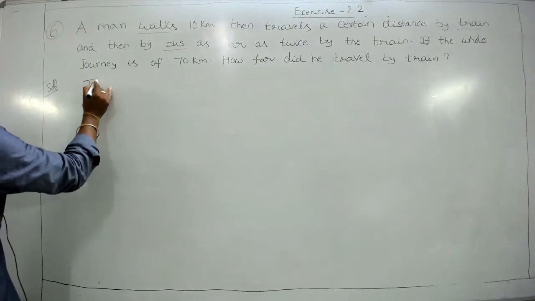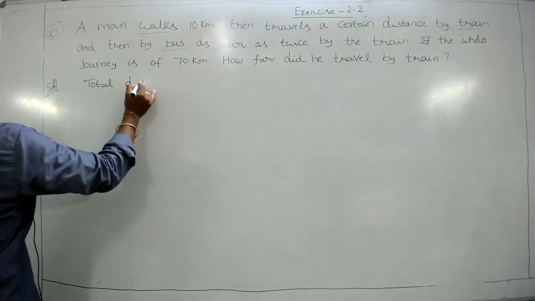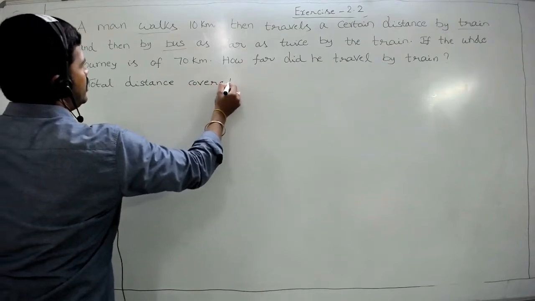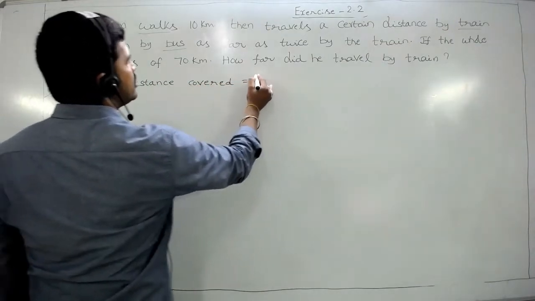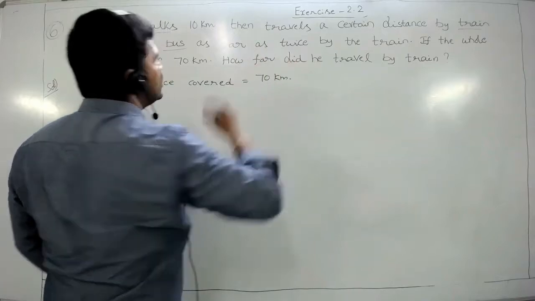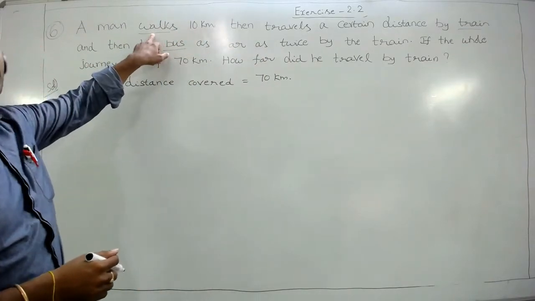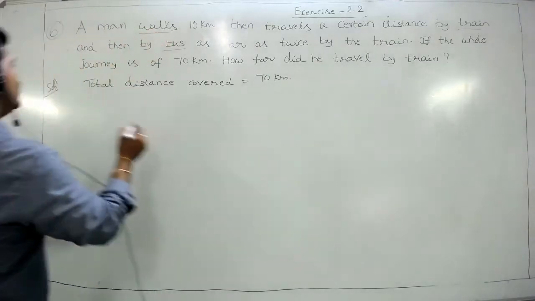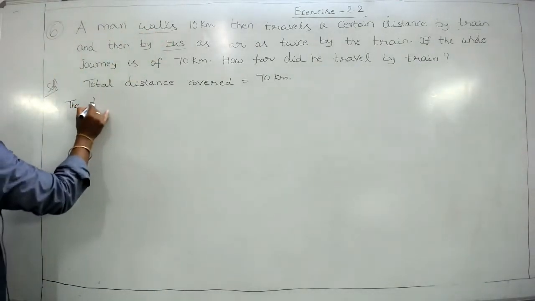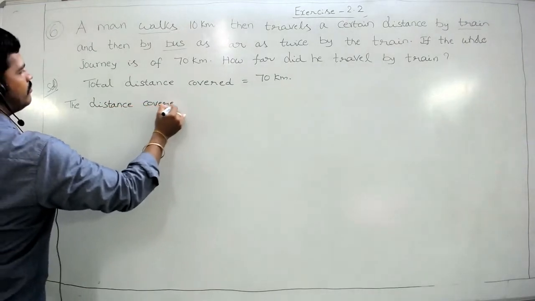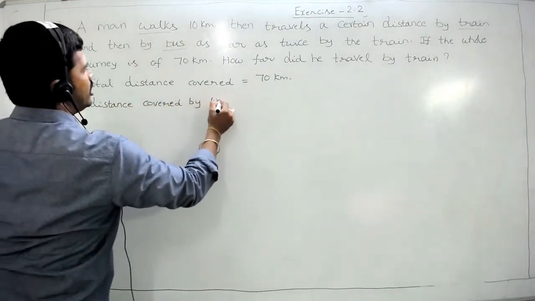First let me start with that. The total distance covered is 70 kilometers. What does this 10 kilometers represent? The distance covered by walking.